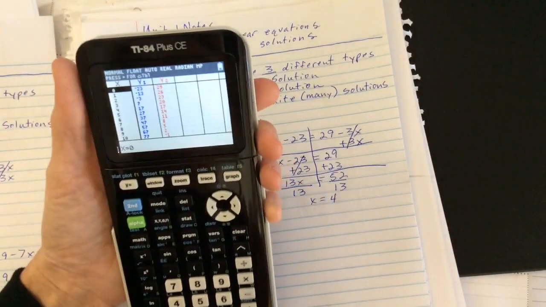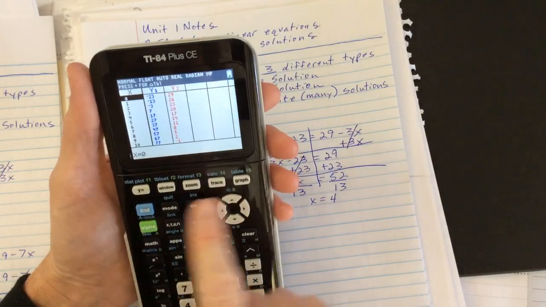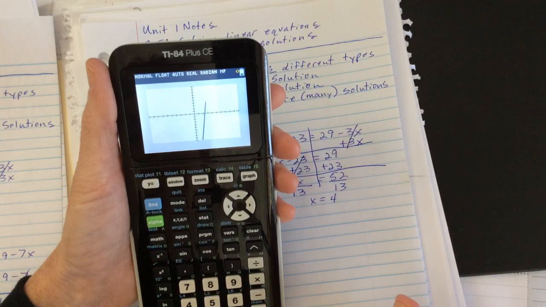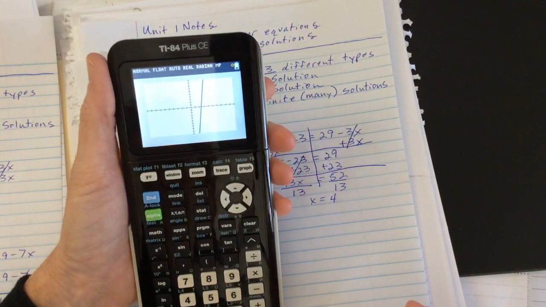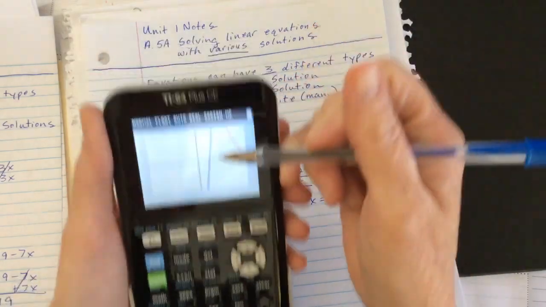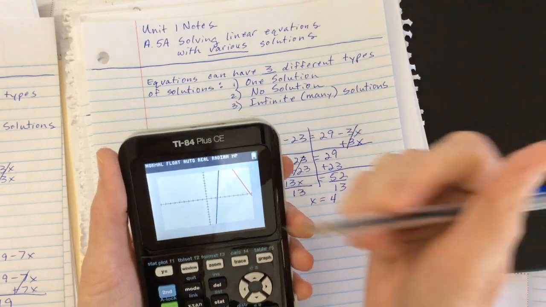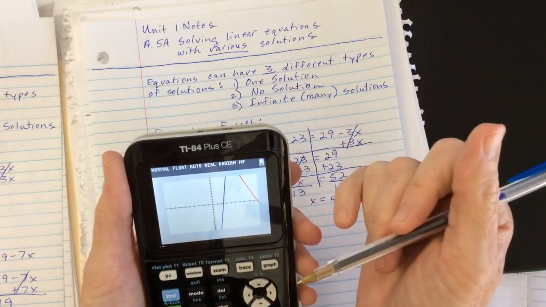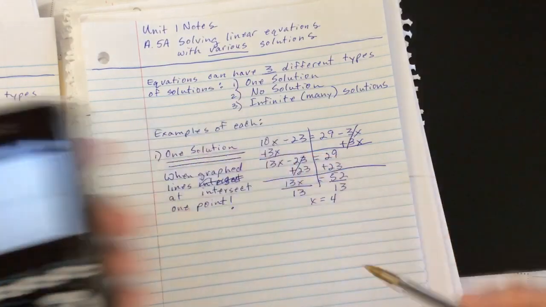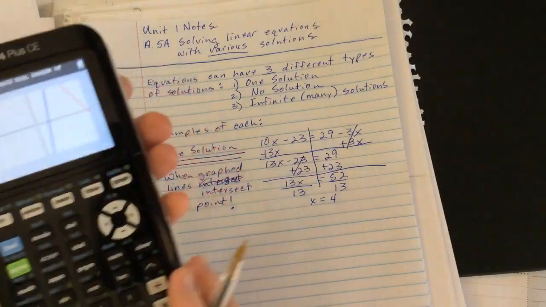Okay, so let's look at that. Let's graph what we just did, and we're going to hit graph. And up here, you can't see it on here, but you can see that the blue and the red lines will cross, and that is your point of intersection. It should be when x is 4, and then up here y would be 17, because that's what we saw equal.